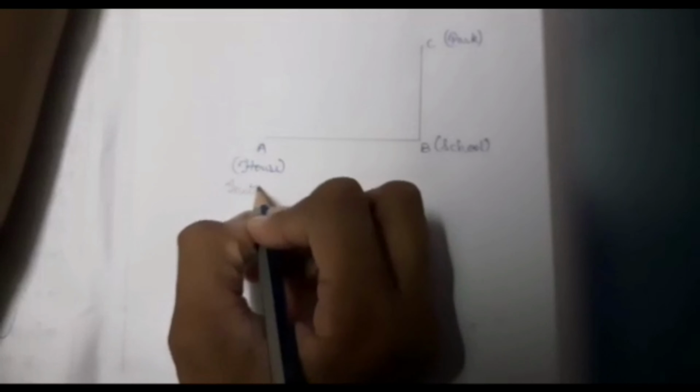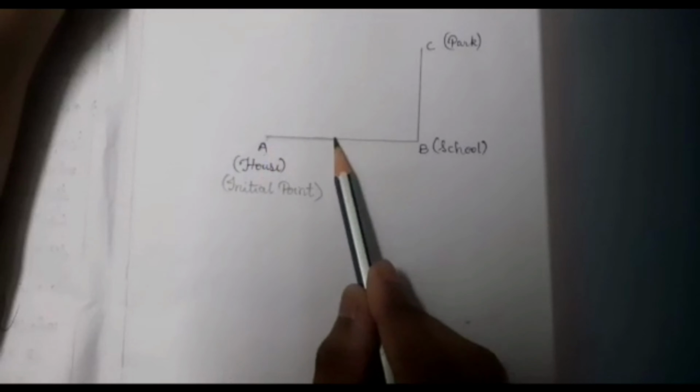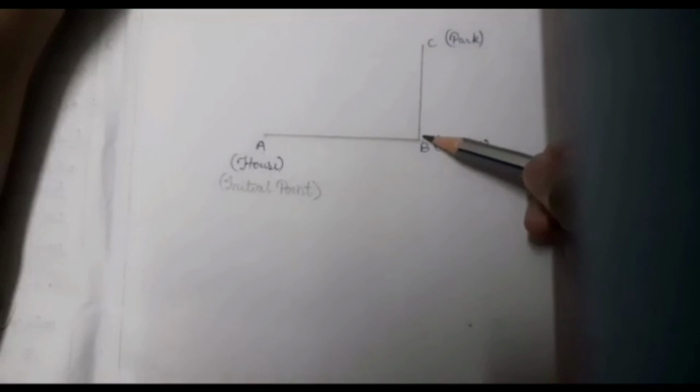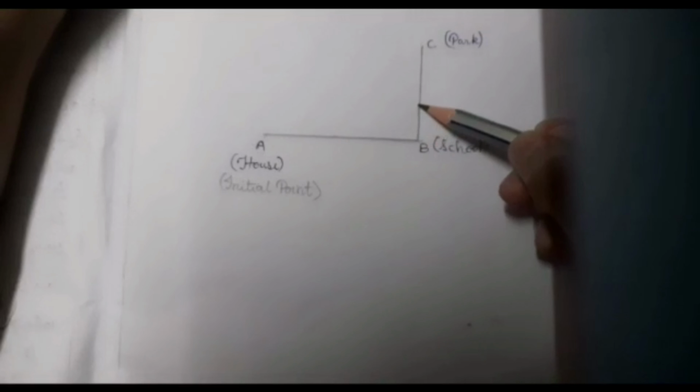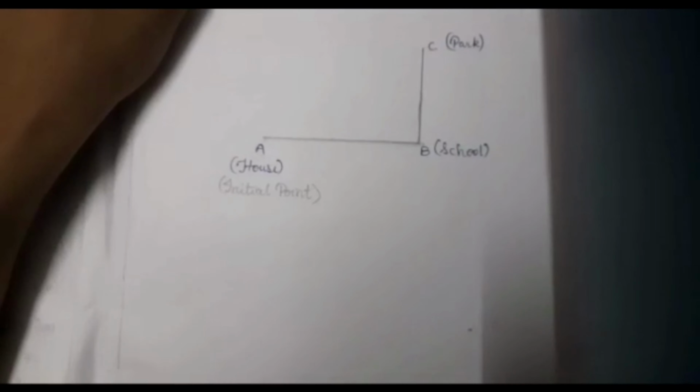You are starting your journey from point A, so it is known as the initial point. From point A you go to point B, where point B is your school. From point B you went to point C, which is the park.